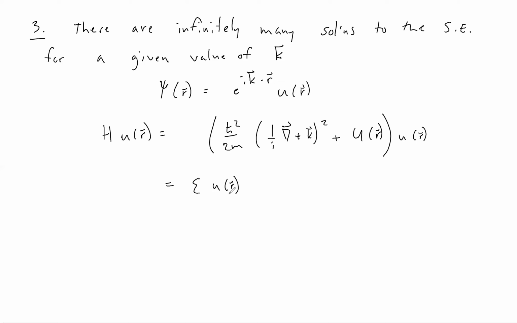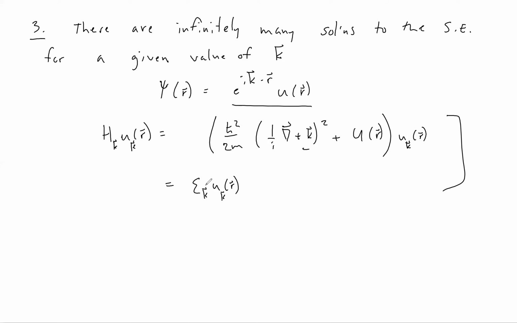So if you like, I've simply substituted this wave function into the Schrodinger equation. I've canceled out the plane wave from both sides. So what I'm left with then is an equation that u must satisfy. Because k appears in the Hamiltonian as a result of this plane wave, let's imagine thinking about it as a parameter of the Hamiltonian and also of the function u.